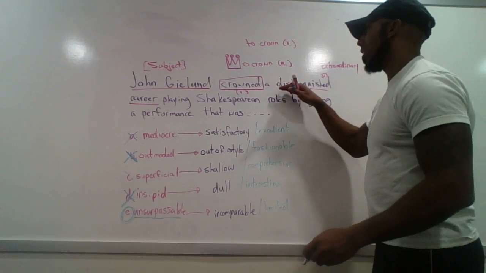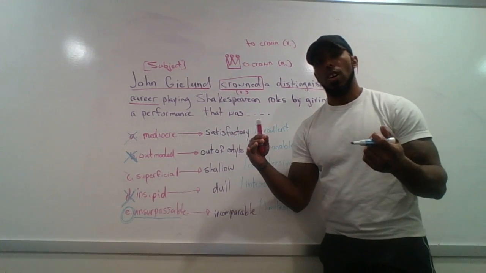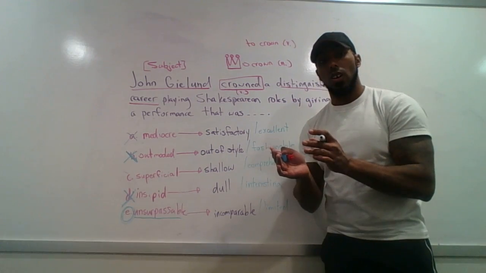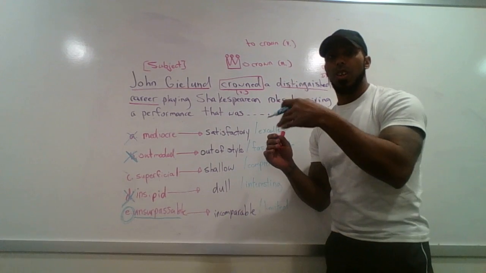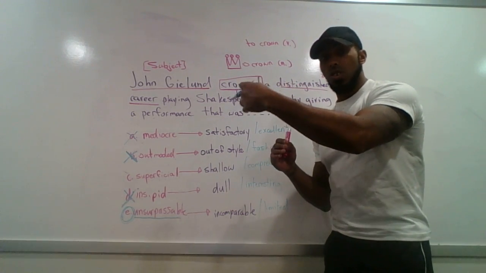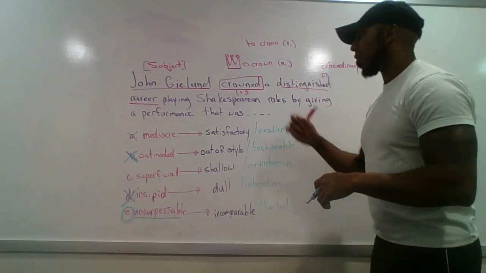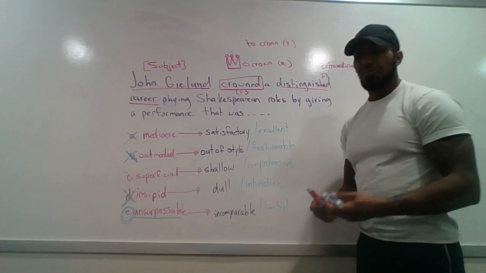If he crowned his distinguished career, or he gave the last performance of his distinguished career, that means that last performance, in order to crown his whole career, he needed to do something that kept in line with all the other previous performances that were just as good, right? And this one might be even better by a little bit. So it would make sense that we choose E, unsurpassable.